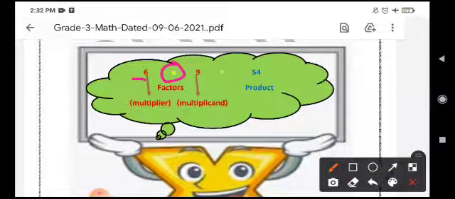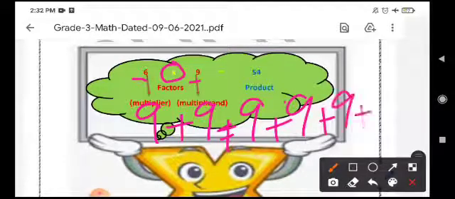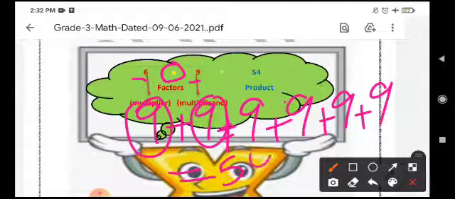And the 2 numbers that are multiplied means this is 9 six times: 1, 2, 3, 4, 5, 6. And when we add all these 9s, these are equal groups, they give us 54. And we know the table of 6, we have 6 multiplied by 9, 54.